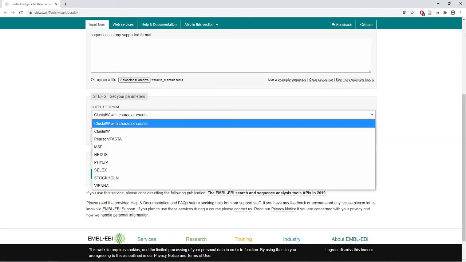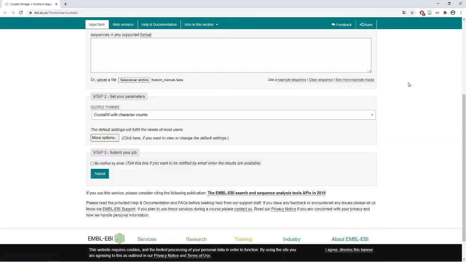For example, Nexus gives us a tree format with, how do you say in English, parentheses? I don't know if that's the word in English, like brackets or so.